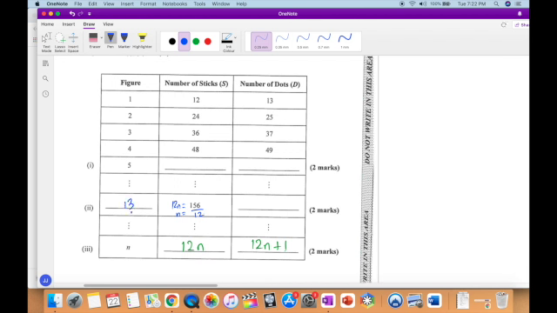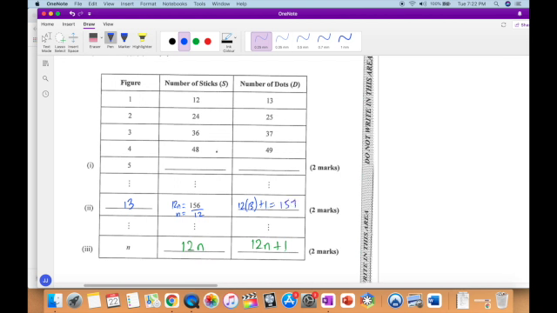So over here is 13, right? And then over here now will be 12n plus 1, which is 156 plus 1, which is 157.